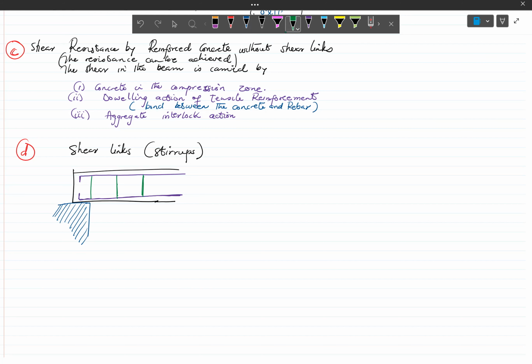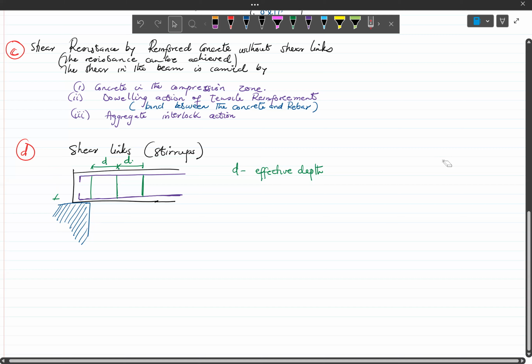So to derive the equation, we initially assume that the stirrups are placed at a distance D, right? Where D, we know D to be what? The effective depth. So usually that same D can also be put here.